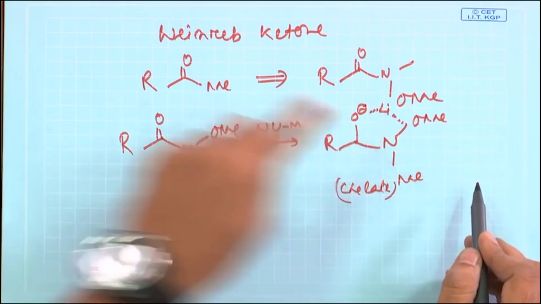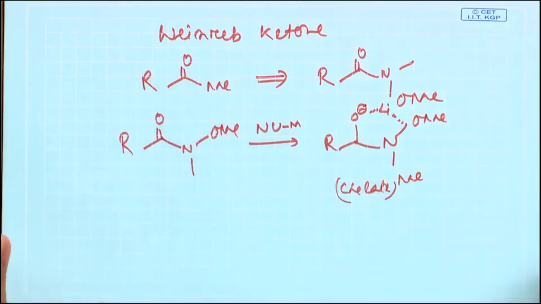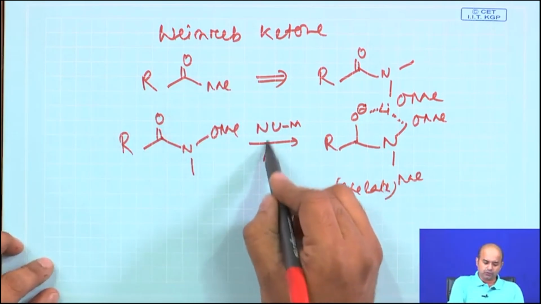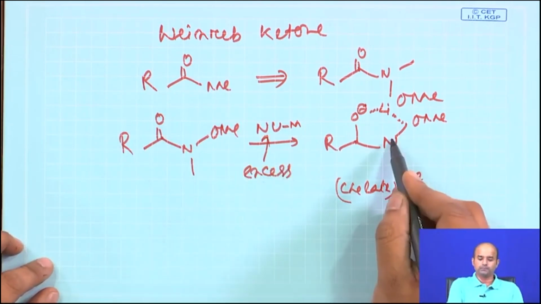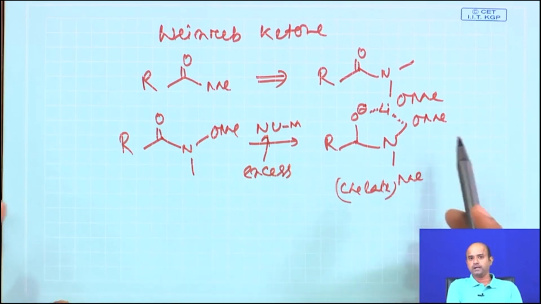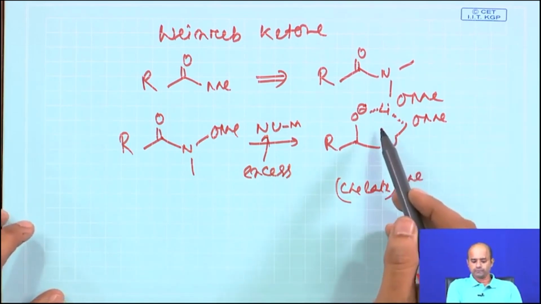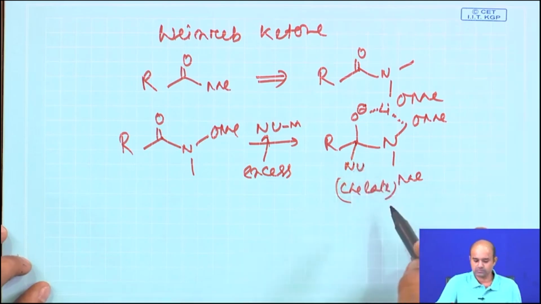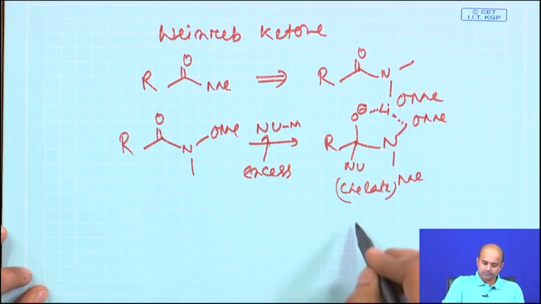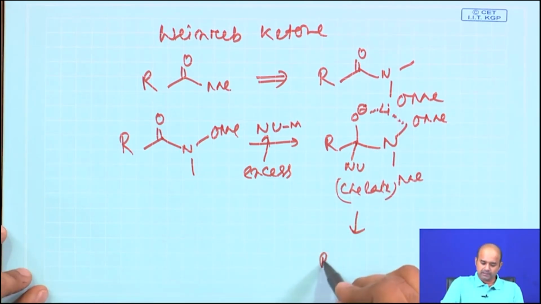So, once you make this Weinreb amide, if you use excess nucleophile, it does not matter, it will stop the reaction at this position. Now, you quench these things, and your nucleophile will definitely be here.